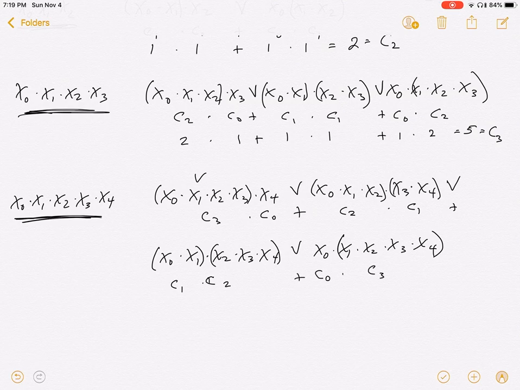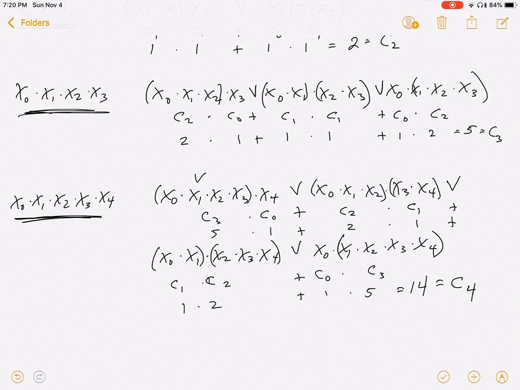Now we can substitute: 5 times 1 plus 2 times 1 plus 1 times 2 plus 1 times 5 equals 14, and that is C4.